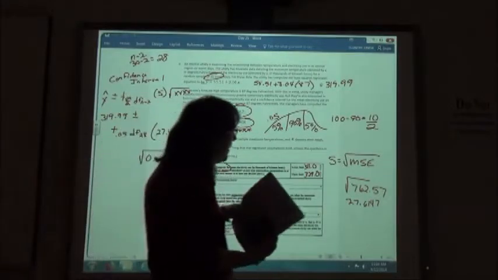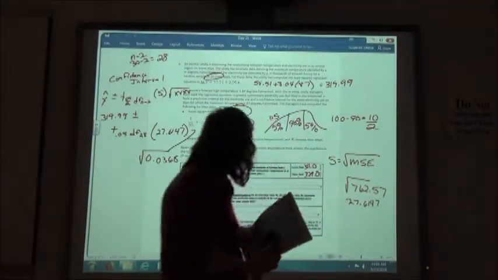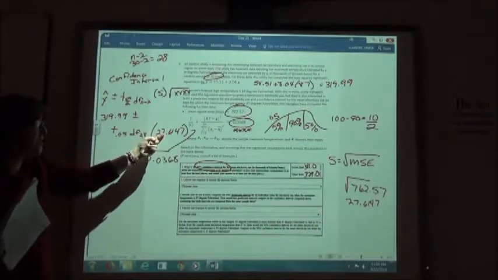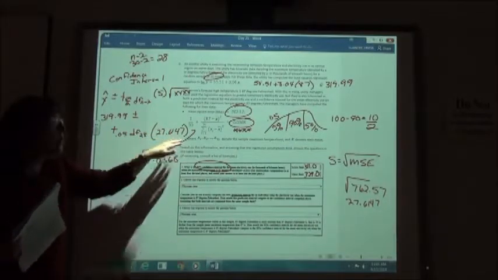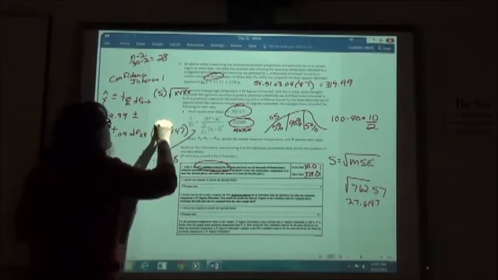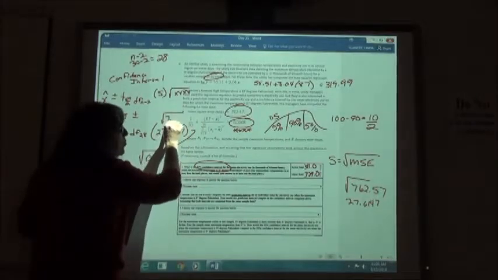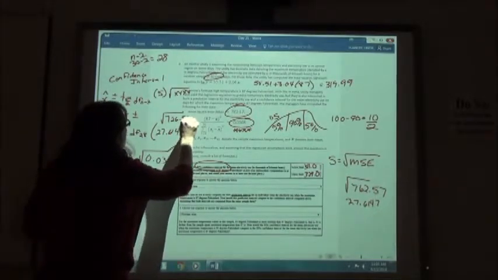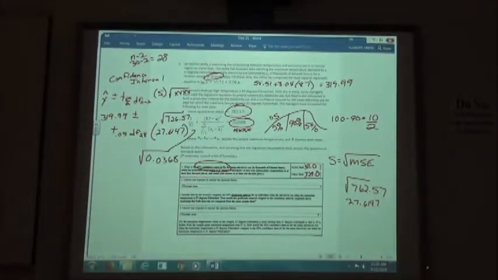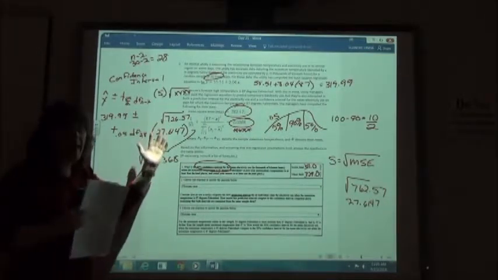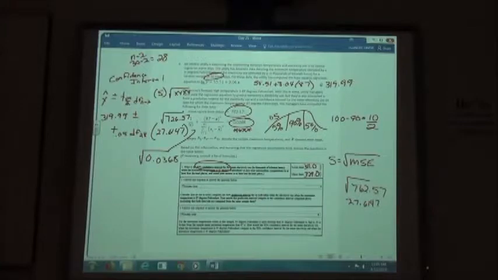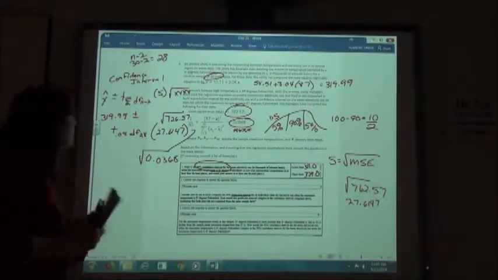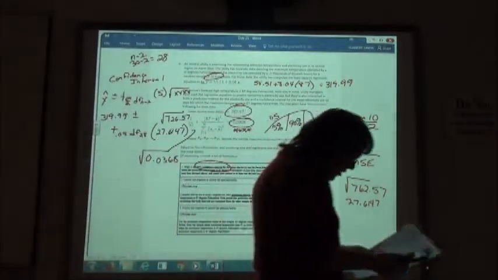You could, instead of using this rounded off number, just type in the square root of 762.57 here, and then you may not get your rounding errors. Either way, it should give you at least close to the same answer, and the system understands that because we're rounding, we might get slightly different answers. All right, so that's that big long calculation for number 1.